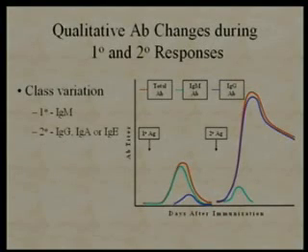All right, so the characteristic antibody of the primary response is IgM antibody. The characteristic antibody of the secondary response is IgG. And it's, in fact, the IgG response that accounts for this huge increase in titer and this very slow decline in the antibody concentrations. So there's a change in the class of the antibody that's made.